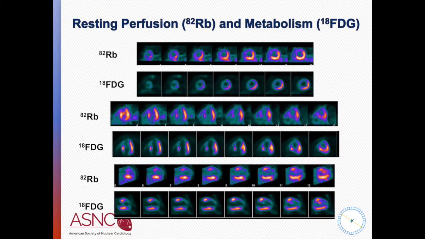So we went on to do FDG because there was still quite a bit of uncertainty as to how much myocardial viability existed. As you can see on this slide, directly comparing side by side the resting rubidium uptake to the FDG activity, there's a very severe reduction in FDG uptake throughout the entire LAD territory, which would be very suggestive that this is mostly permanently scarred infarcted myocardium with very little significant residual myocardial viability.